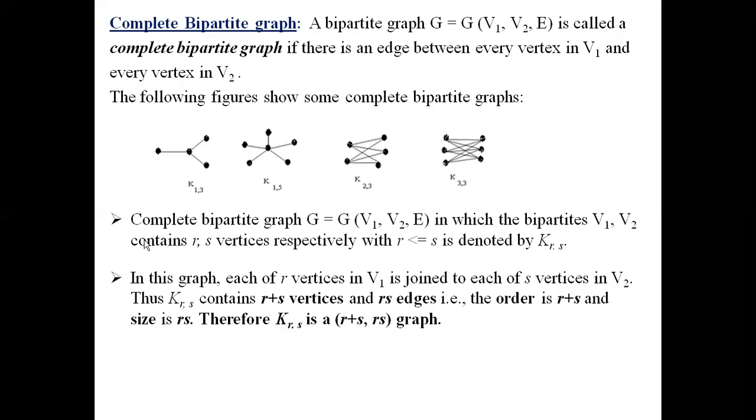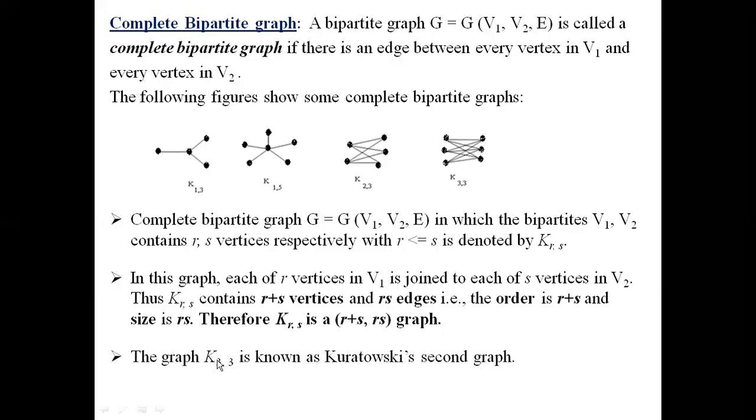Order is nothing but the number of vertices in the graph. So the total number of vertices in such a complete bipartite graph will be r plus s, and the total number of edges, usually denoted by the size of the graph, is equal to r into s for a complete bipartite graph.